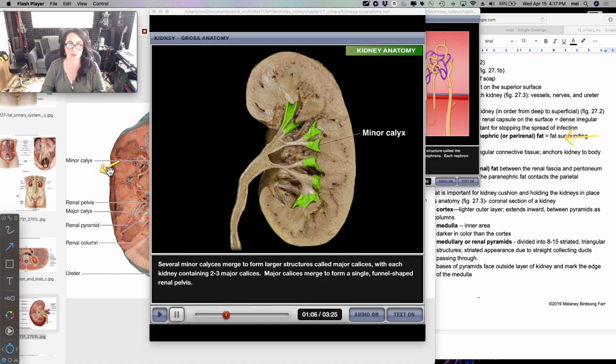Several minor calyces merge to form larger structures called major calyces, with each kidney containing 2 to 3 major calyces. Major calyces merge to form a single funnel-shaped renal pelvis. A human kidney is divided into 8 to 15 lobes, each consisting of a renal pyramid with a renal column on each side, and the cortex external to the pyramid base.